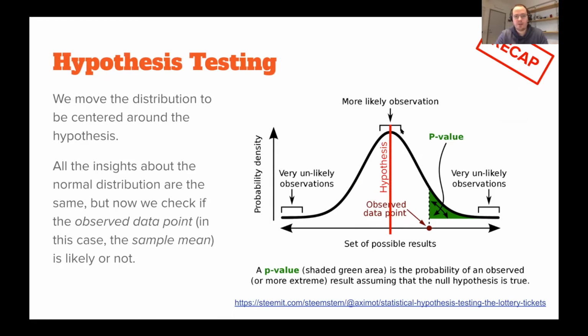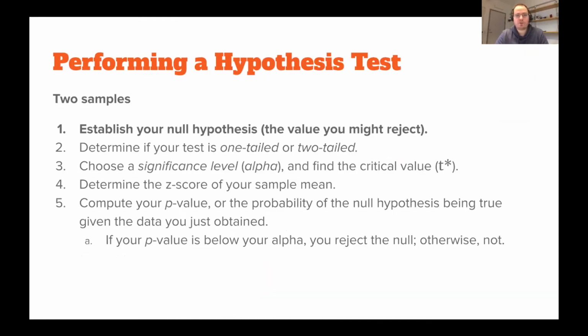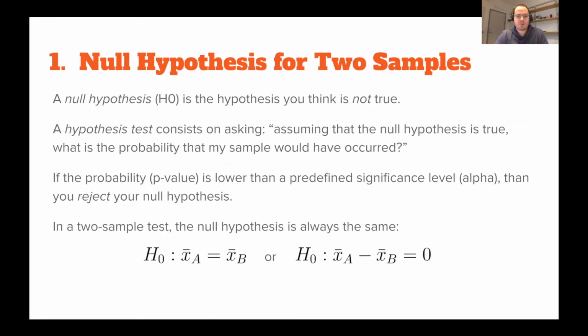We talked about it in the last lecture already, but in this case, the cool thing is that when we need to establish our null hypothesis for this idea of testing for the difference of two values, that's actually a bit easier than what you did before, because most of the time the null hypothesis is simply that both things are the same. So if I have two different samples and two different sample means, then my null hypothesis is, in almost all cases, simply that the samples are the same within a certain statistical variance.